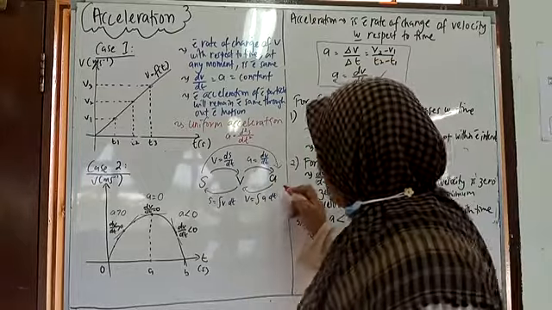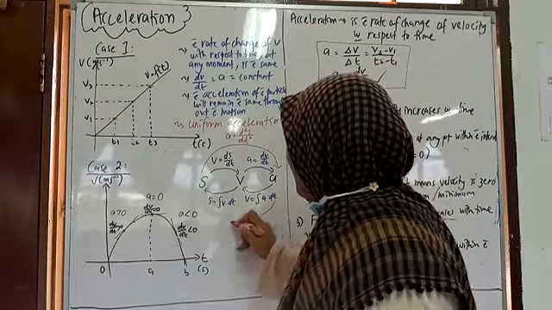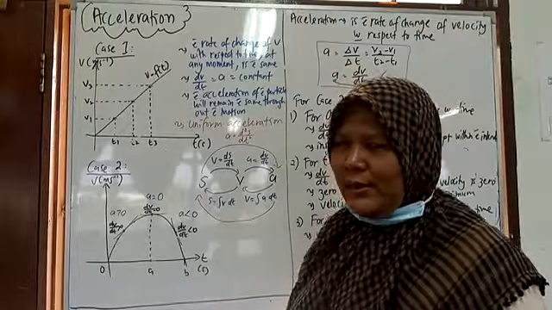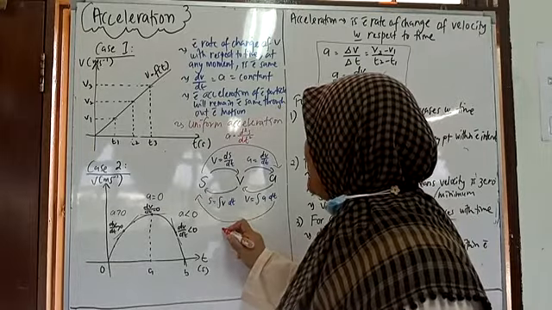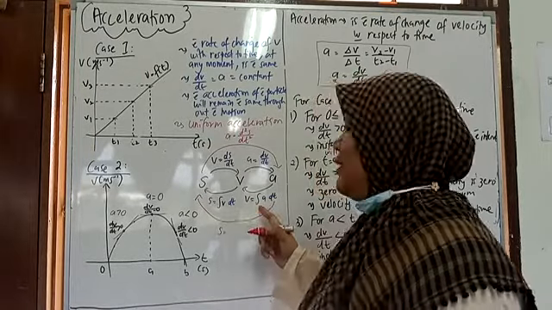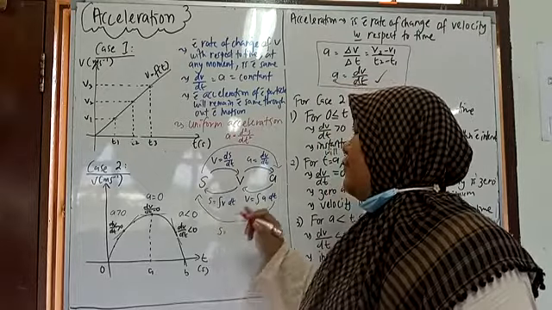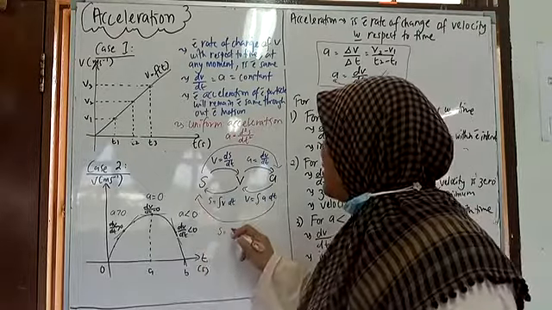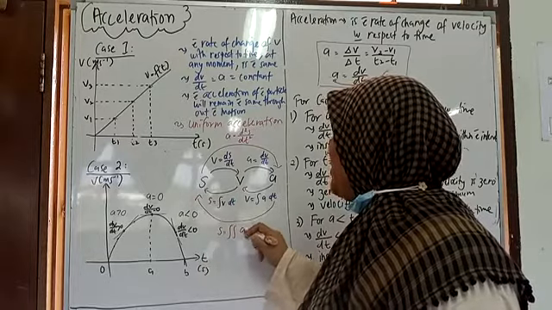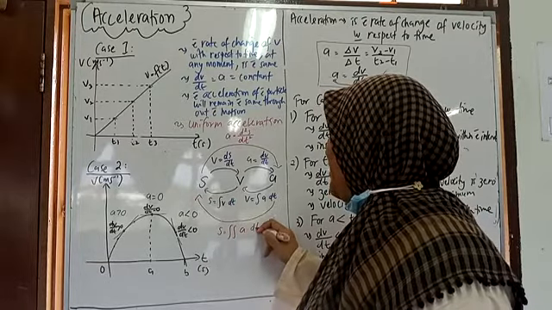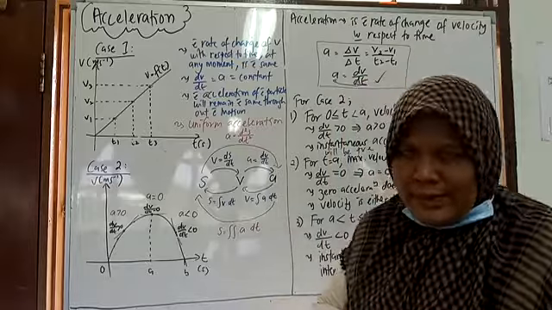The same goes from a to s. From a to v is a single integration. From a becoming s, we are talking about double integration of a with respect to time.